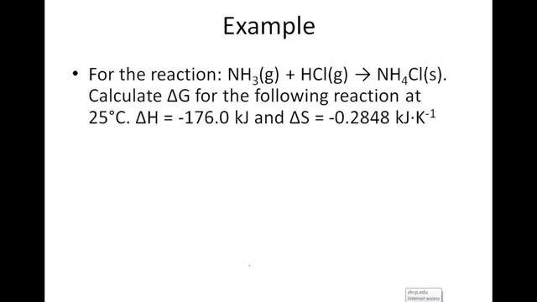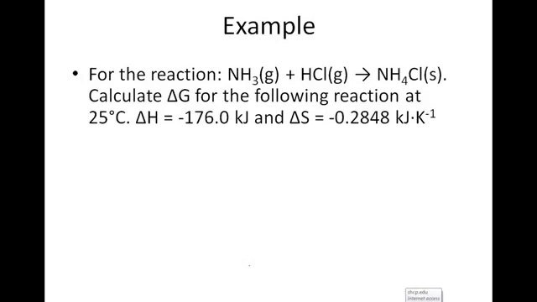Here's an example problem. For the reaction NH3 plus HCl goes to NH4Cl, calculate the delta G for the following reaction at 25 degrees Celsius. Well, you're given a negative delta H, which is negative 176 kilojoules, and a negative delta S, which is negative 0.2848 kilojoule per Kelvin.